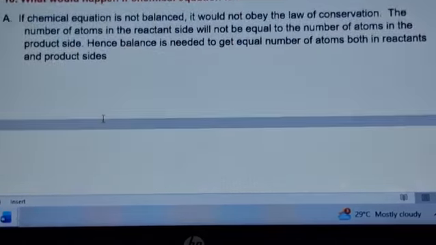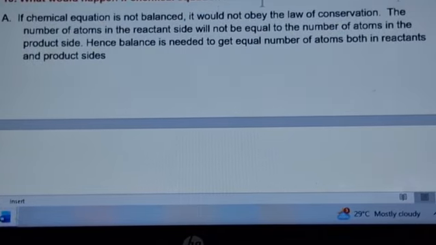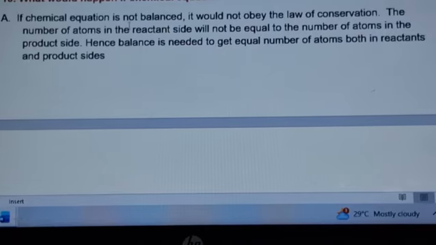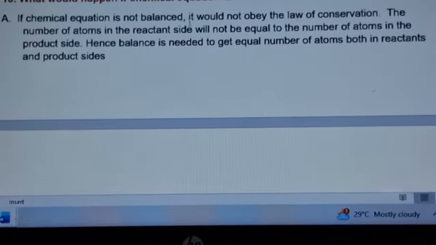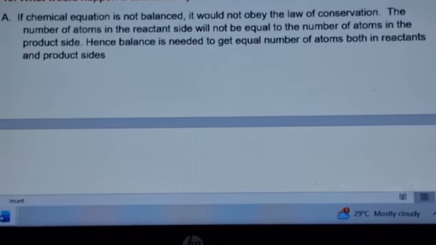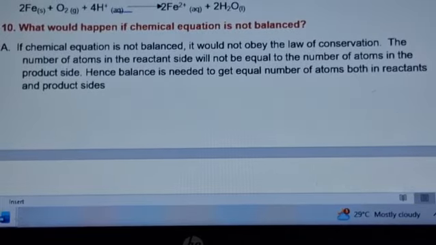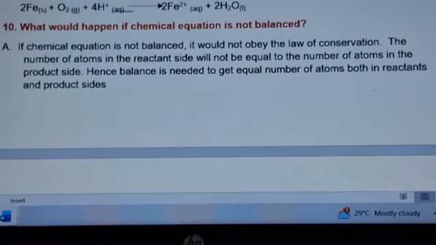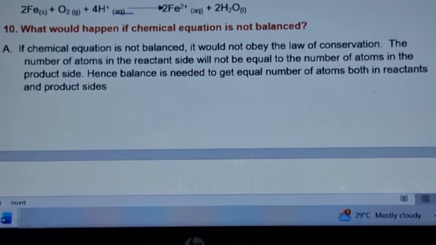This is the balanced equation. What would happen if a chemical equation is not balanced? It would not obey the law of conservation. What is the law of conservation, children? Law of conservation is matter can neither be created nor be destroyed.